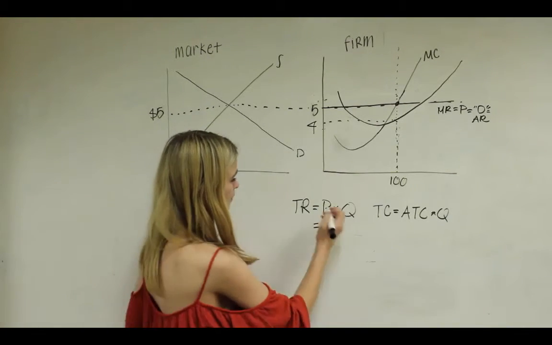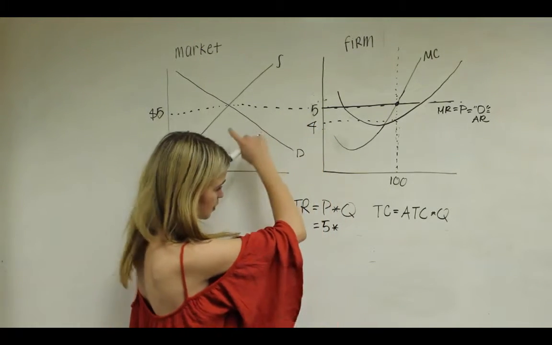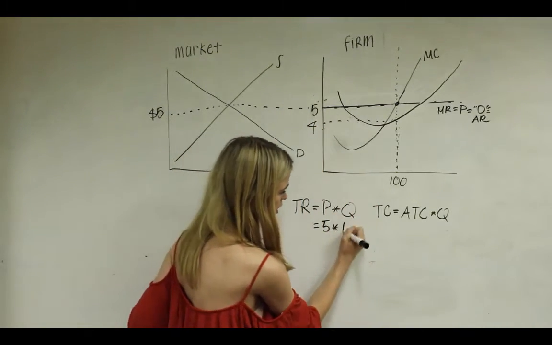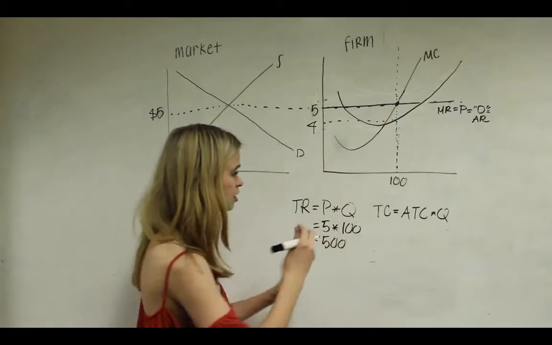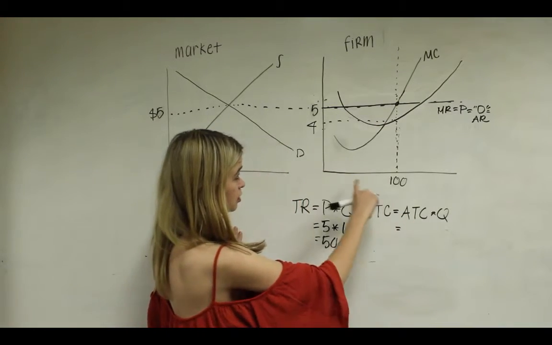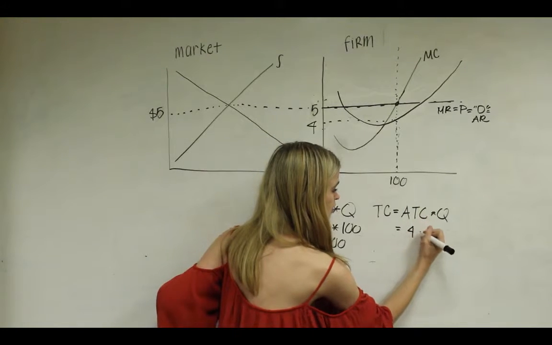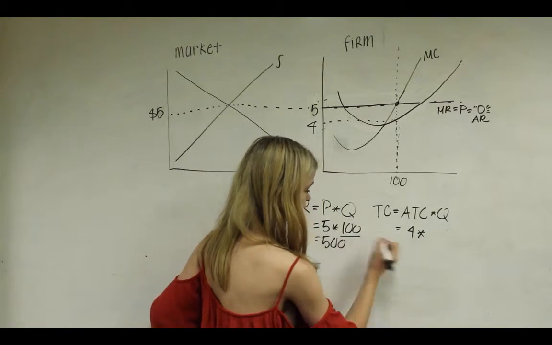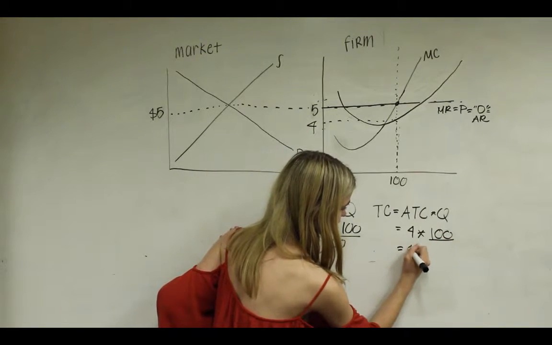I'm just going to do it one more time. It was 5, our marginal revenue from the market, times our quantity, 100, 500. And our total cost was our average total cost. Well, we said that intersected at 4, times our quantity, remembering that we're still using that same quantity, is 400.